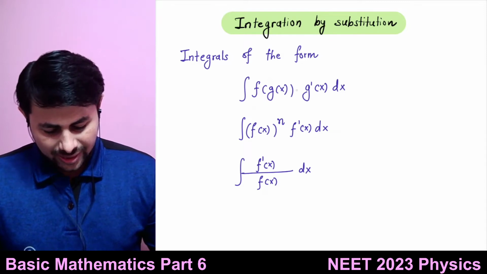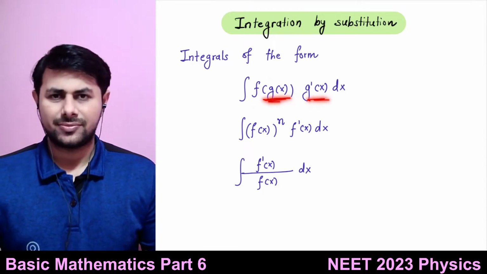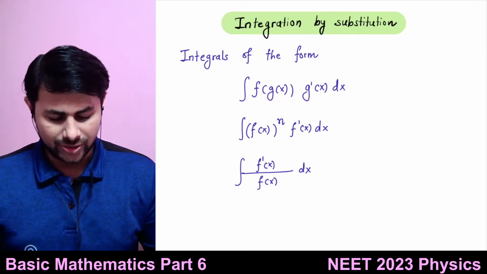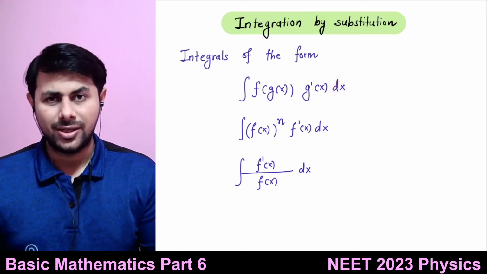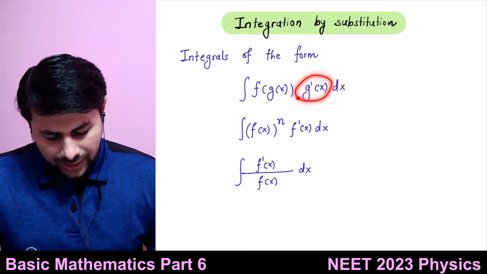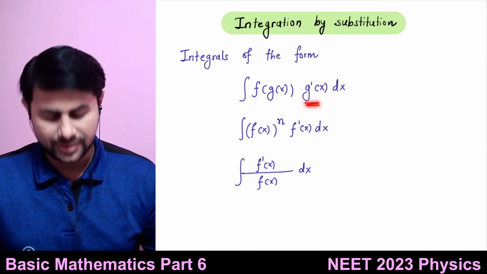Then in multiplication of that, I have the derivative of this function. Okay, so I have a function of g. I don't have a function of x. I have a function of g, which is some other function of x. Okay, and I also have its derivative.